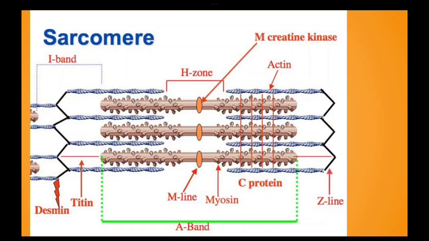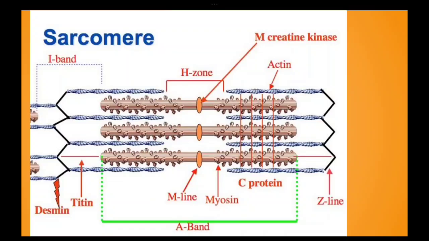Observe each and every structure, because this diagram is going to be very important if a question from the muscular system asks you to explain the structure of a sarcomere. This is important. The Z line is at the boundaries of the sarcomere. They have Z discs, and that is why they are called Z lines. And to the Z lines, the actin filaments, or thin filaments, are attached.